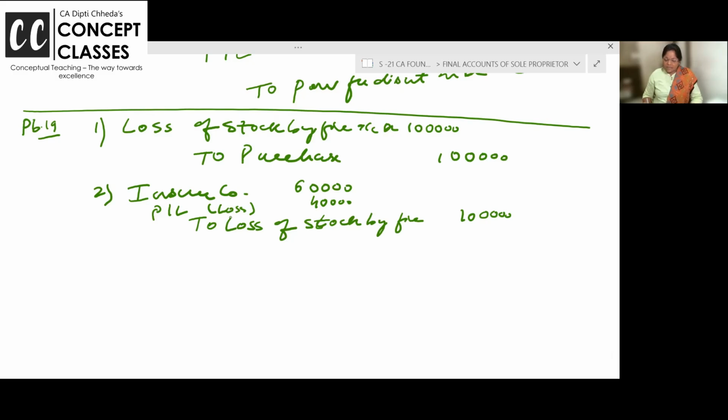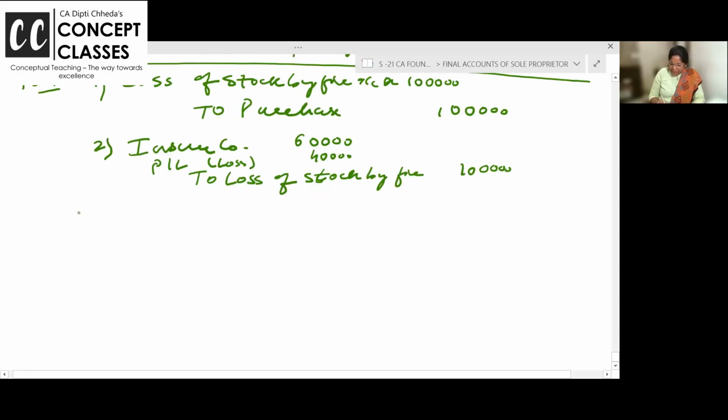Check how these items will appear in the trading and P&L account. I'll make trading account and P&L account separately, above the line and below the line. You can make it combined.